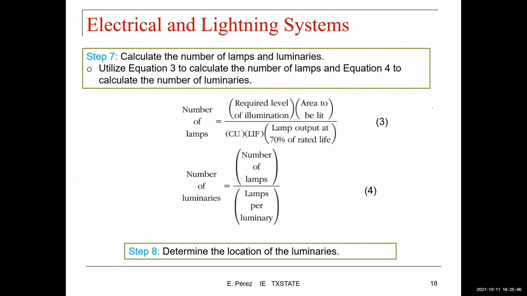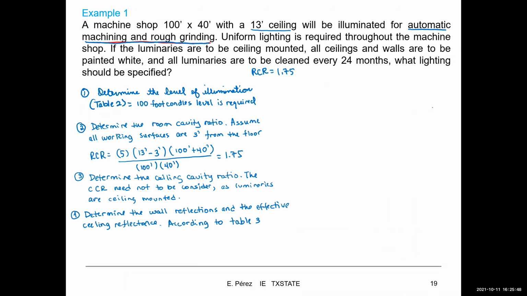So going back to the example, we found that WR and BCR are 80%.